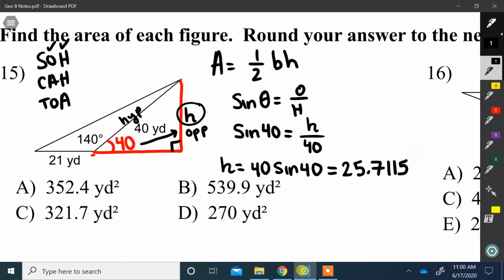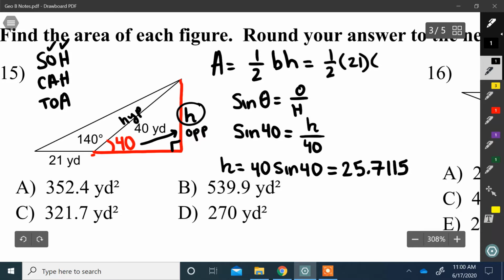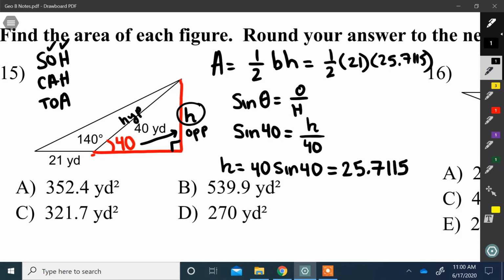All right. So now we have everything that we need. So the base in this case will be 21, and the height will be 25.7115. You know, it was a lot more challenging to do this now.